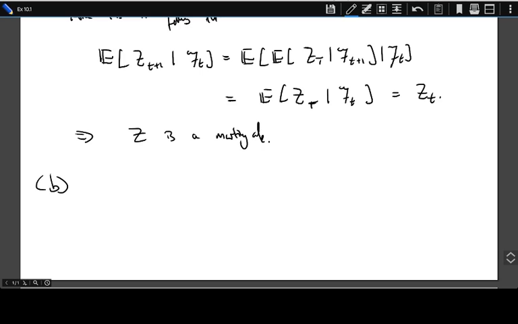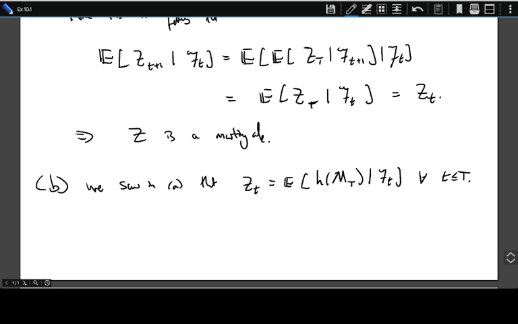In the second part of this question, we want to calculate the Snell envelope in a given very particular example. We saw in A that Z_t is equal to H of M at the terminal time capital T given F_t at all times.